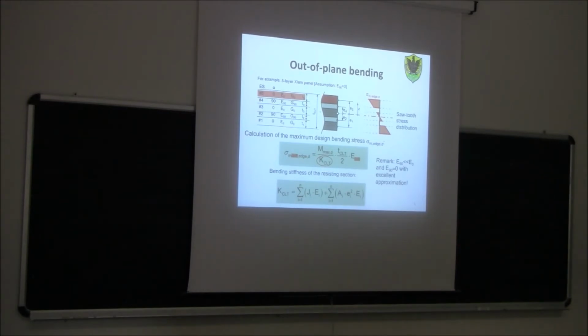Okay? This means that we can get in the end this kind of linear distribution of stresses. We can use the Navier formula, exactly the way that you know. Here in this formula you can find the bending stiffness, but of course if you want to be a bit more precise, you could also consider the Young modulus of the intermediate layer, which is different from 0.